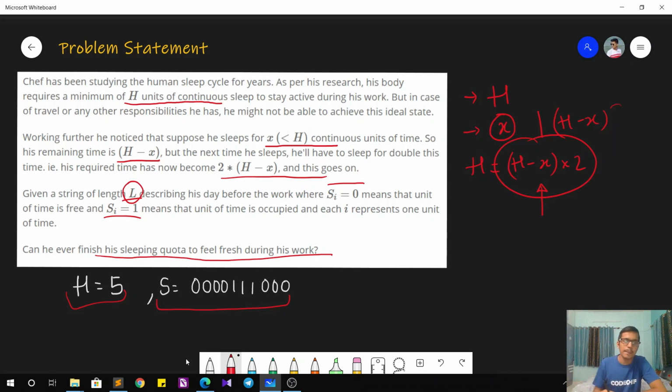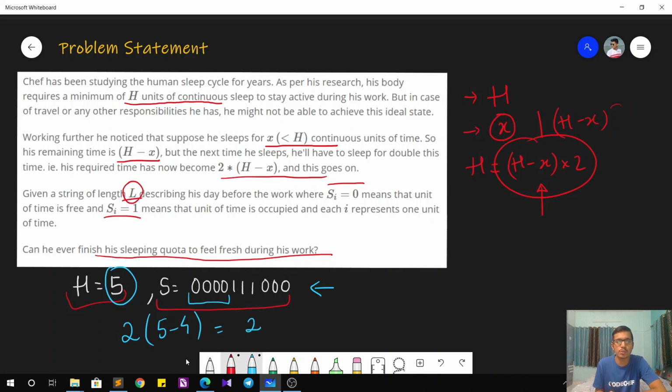So let's see this sample example. In this sample input, you can see that the value of H is 5, and initially there are 4 continuous units of time available to sleep. So let's say Chef decides to sleep over here. So H is 5 and here X will be 4. So not a complete sleep. 5 minus 4 is 1, but because it's not complete, it will get doubled.